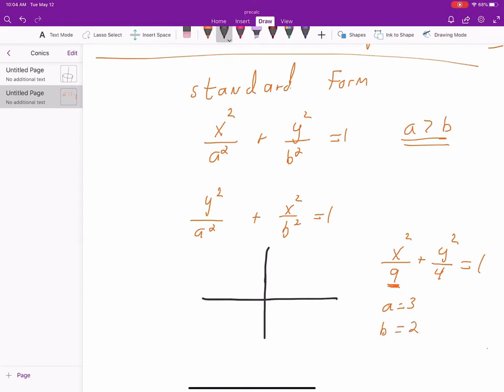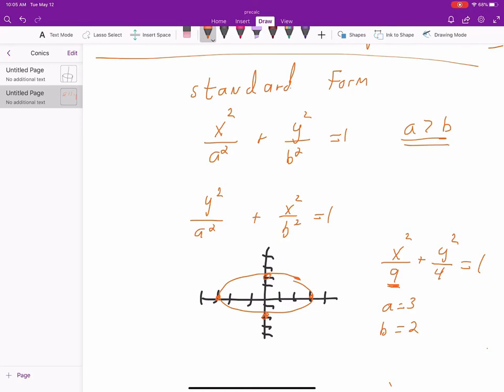So when I draw my ellipse, I count 1, 2, 3, 4 on each side. Since the larger number is underneath the x, I'm going to go on the x-axis 3 units from the origin. Now b is underneath the y, so I'm going 2 on the y-axis. And here is my ellipse.